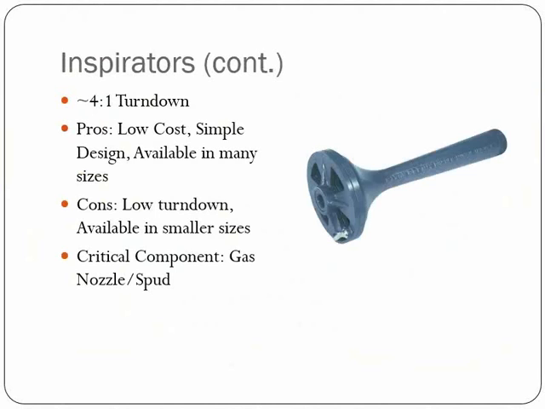In the inspirators, the critical component would be the gas nozzle or the spud. In my opinion, you could also make an argument for that air damper on the back. That gas nozzle has an orifice that's drilled specifically for that capacity and that application. Essentially, you get the turn down by adjusting the gas pressure into the inspirator.